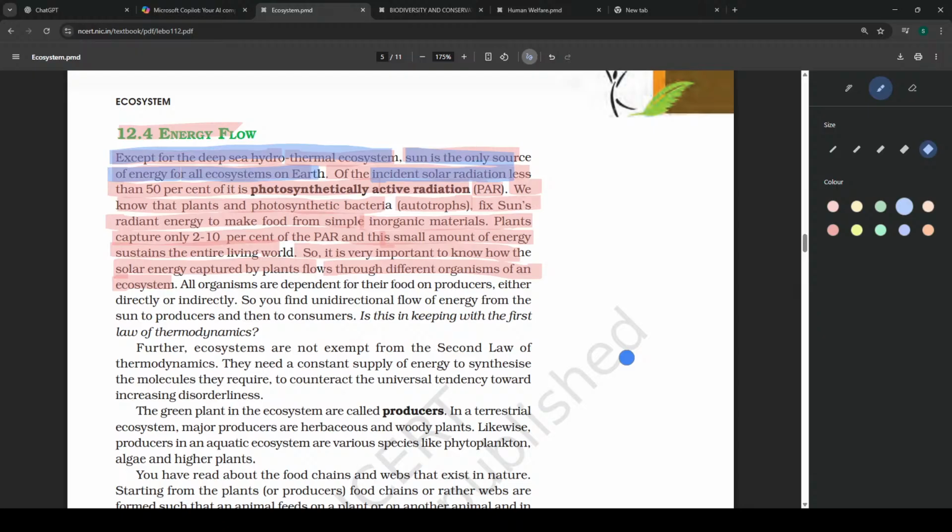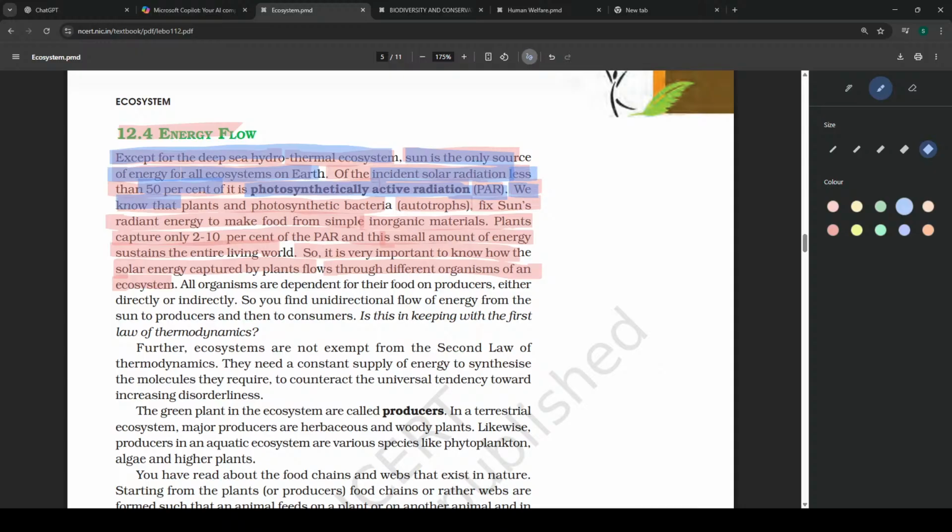Of this, less than 50% is photosynthetically active radiation, meaning this radiation can help in photosynthesis. Only less than 50% of the total solar radiation can help in photosynthesis; the remaining cannot.